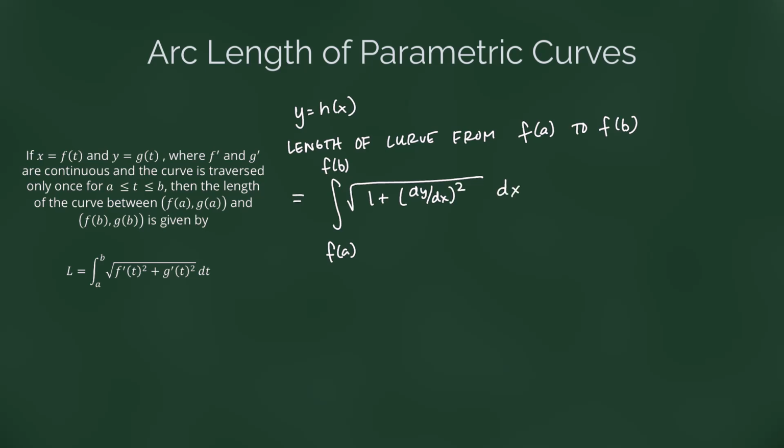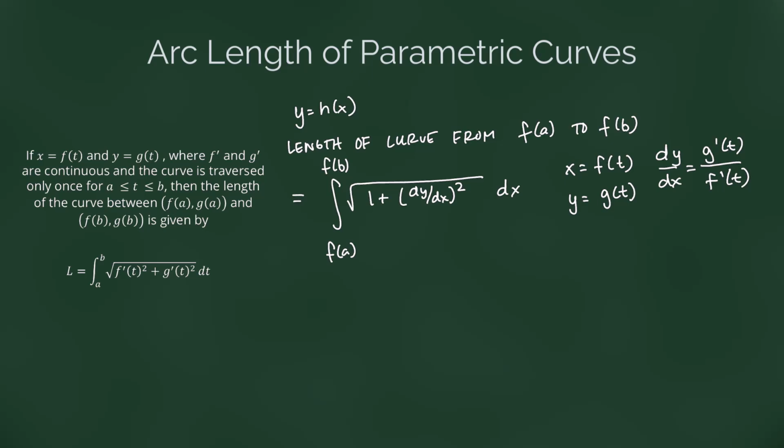But here we know that x is f of t and y is g of t, which means that dy dx is going to be g prime of t over f prime of t.